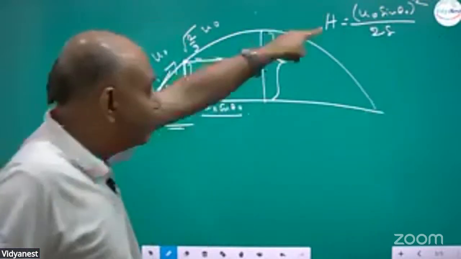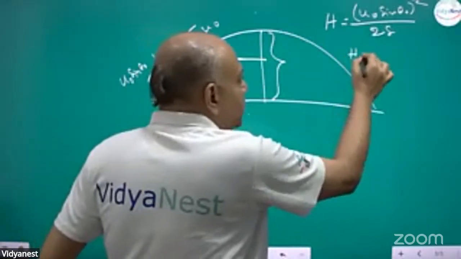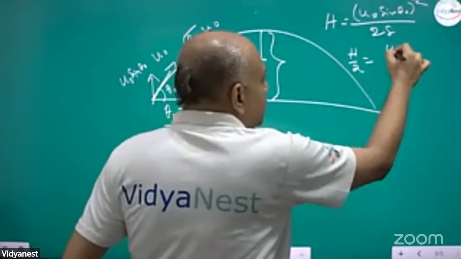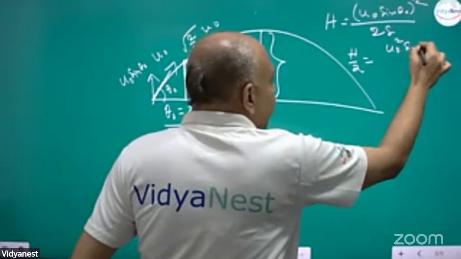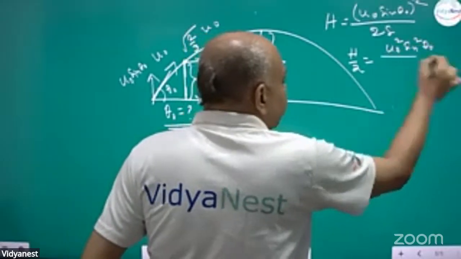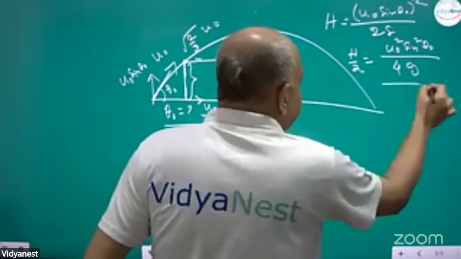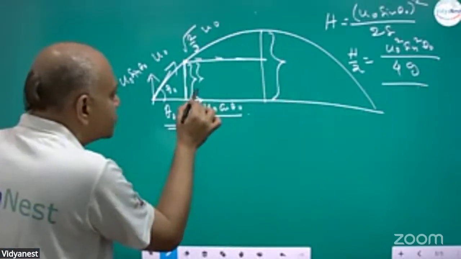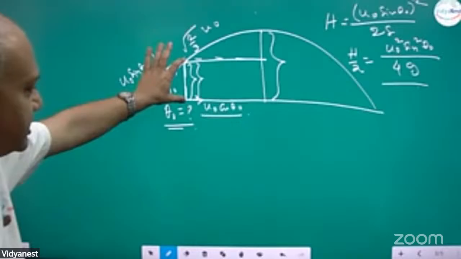So half of the height, h by 2, is u naught square sine square theta naught divided by 4g.